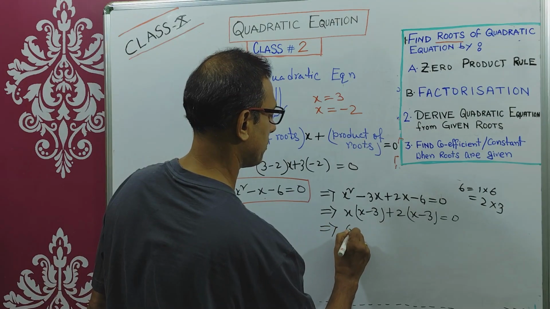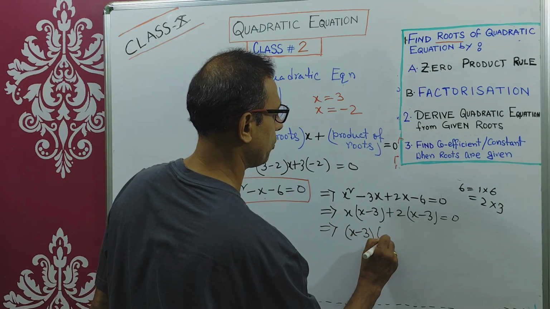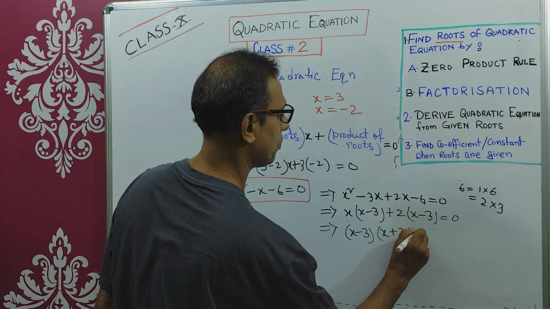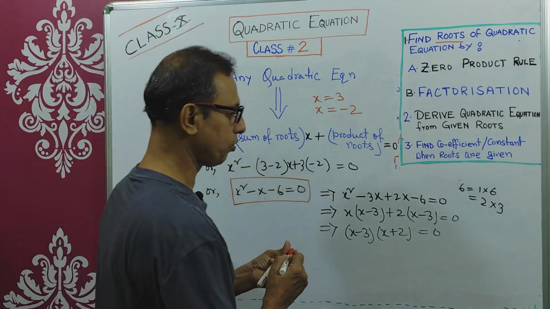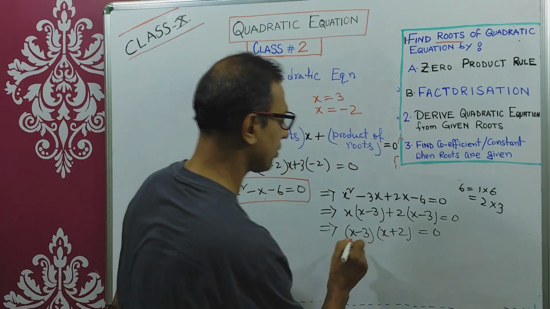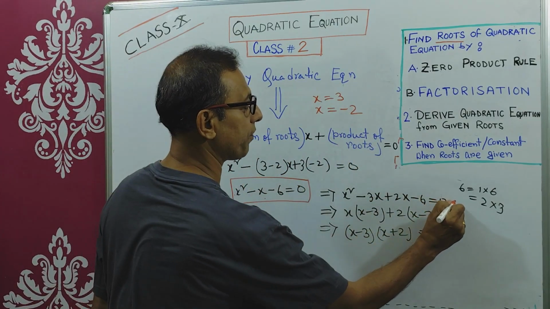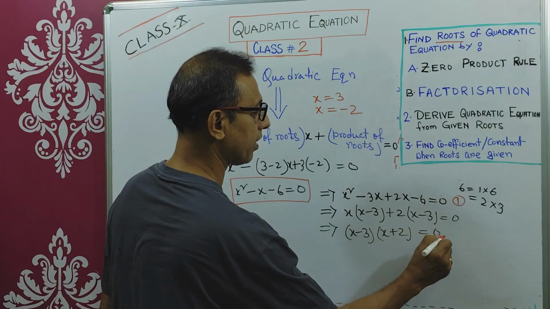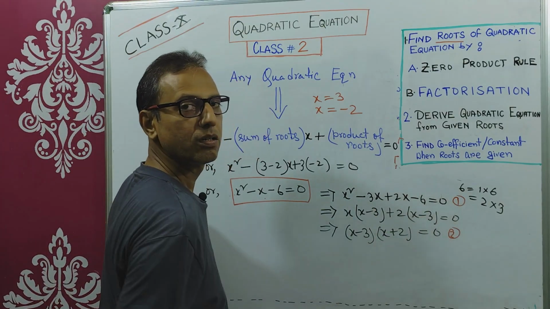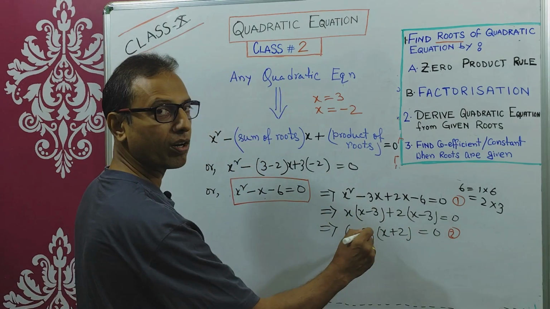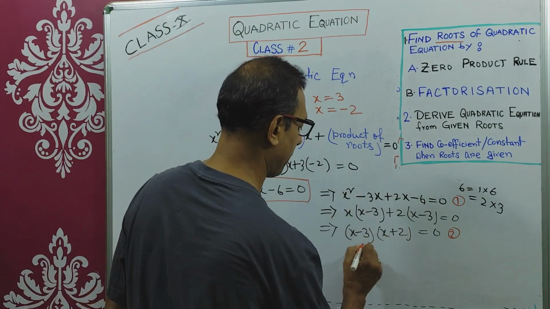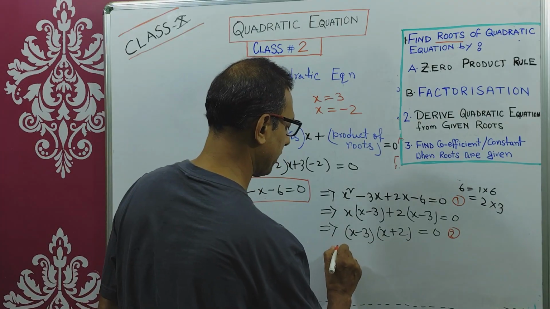Now x minus 3 common into x plus 2 equals to 0. Then you apply here the zero product rule. So factorization done. Here you have done the factorization first time. Here it is the second formation of factorization, right? Now from this expression you will apply the zero product rule. Applying the zero product rule, what are you getting?